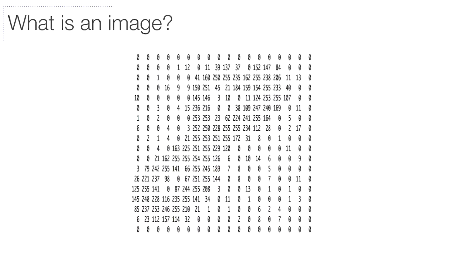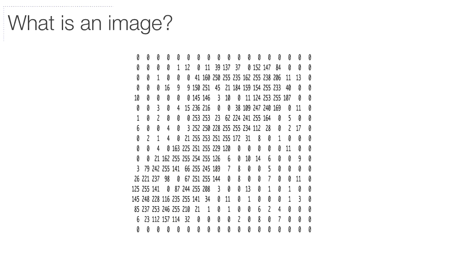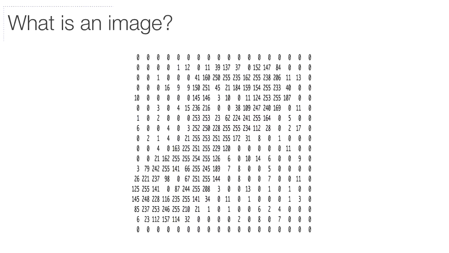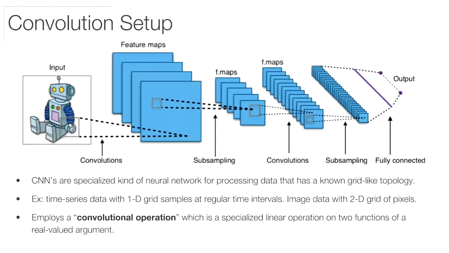So an image can be represented by high intensity and low intensity pixels. High intensity can have high numbers, lower intensity can have lower numbers. Or it can be grayscale versus color, which is RGB, which means you have more than one channel on which the machines actually recognize that image based on those numbers.